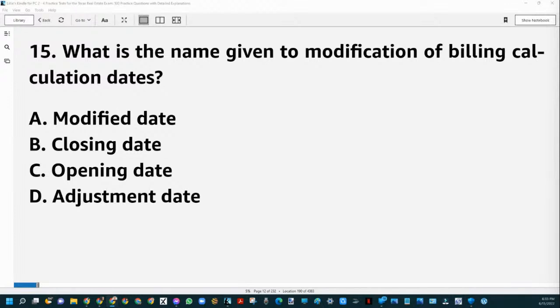They're typically modifying a value. And it is the adjustment date. They're modifying a date. Someone could ask, hey, I want to have a different date. And so the lender or the credit card company can create an adjusted date.